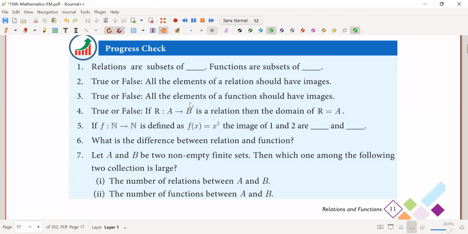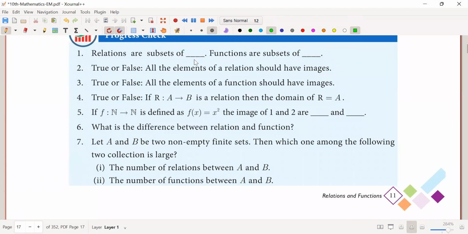Relations are subsets of the Cartesian product. Functions are subsets of relations, or Cartesian product. Both are true.